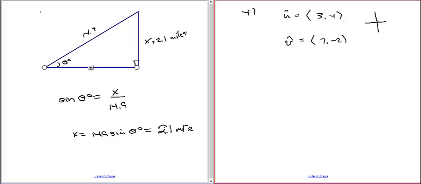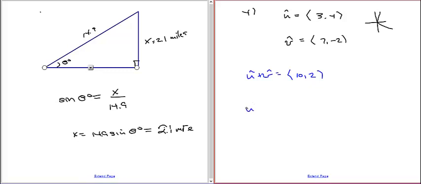So you can kind of just sketch those. 3, 4 would be something like here, and 7, -2 would be probably about there. Okay. So if we do u plus v, we just add the components together. 3 plus 7 is 10. 4 plus -2 is 2. So that's the answer for the first part.